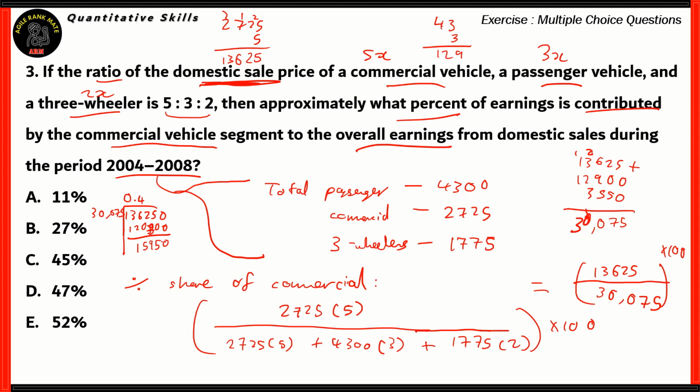So therefore 15,950, so 0.4. So basically we would have somewhere between 41% and 49%, 40% and 49%.